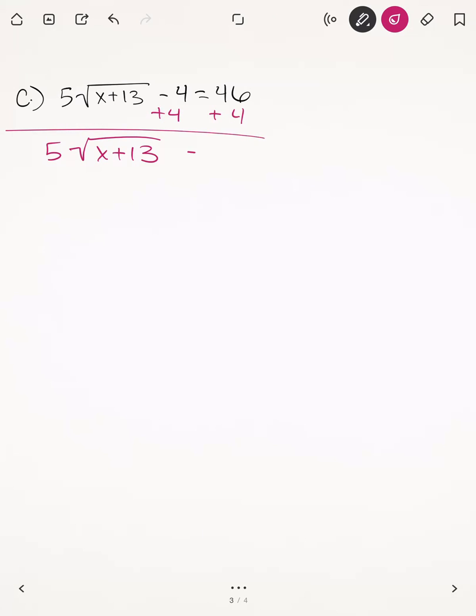So save yourself some stress and just move the 4 first. 46 plus 4 is 50. From here, I need to move that 5 to the other side because ideally I would like the radical by itself. So I divide both sides by 5. I get the square root of x plus 13 equal to 10.